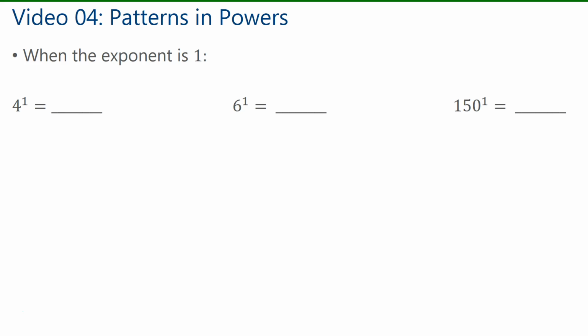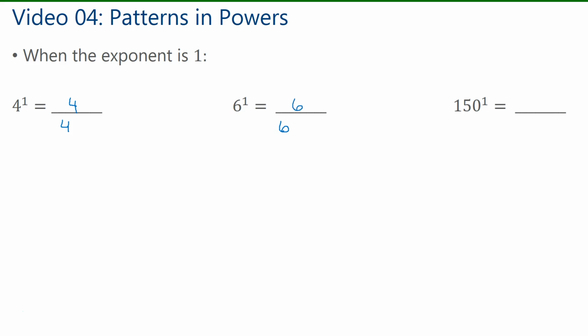So to start, let's see what happens when the exponent is 1. If we have 4 to the power of 1, that means we have 4 multiplied by itself just one time. So we just get 4. Same thing with 6 to the power of 1. I've got to multiply 6 by itself just once, so that'd be 6.